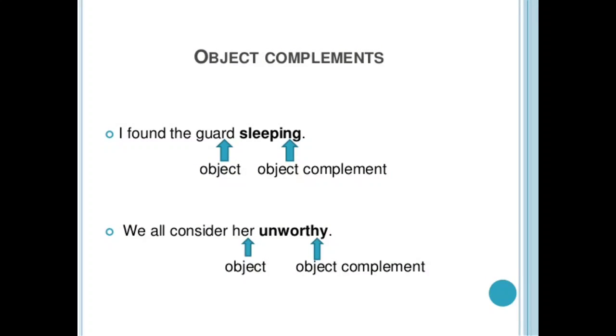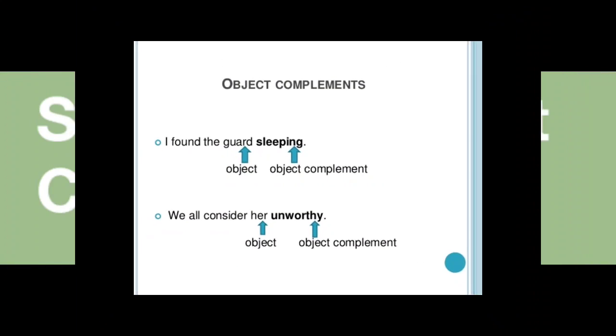The next example, we all consider her unworthy. So, unworthy is the object complement here and her is the direct object. So, the object complement unworthy renames and describes the direct object her. So it is known as object complement, children.